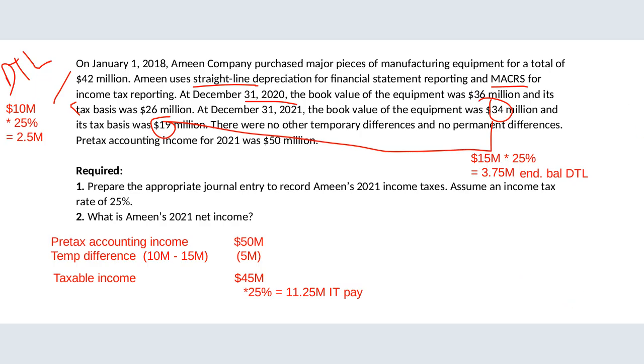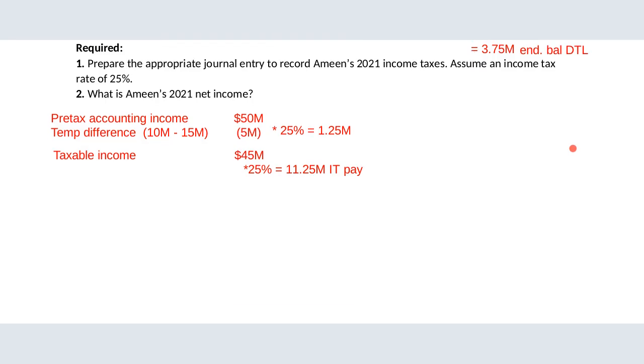All right. And so I think if we take 5 million times 25%, that's 1.25 million, which is, I think, the adjustment that we need to make to our deferred tax liability account.